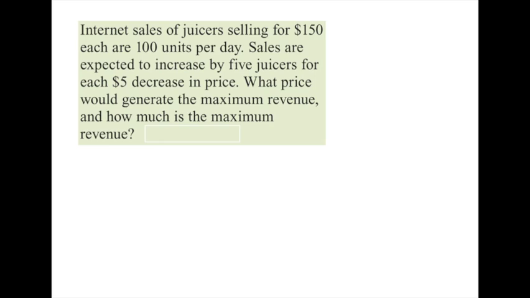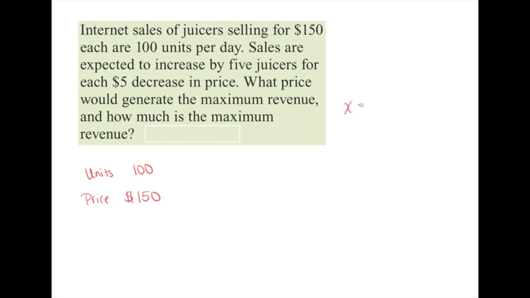So again, we have a selling price currently at 150. And we are selling, so this is my price, and these are my customers or my units. So if I have a certain number of units, I sell 100 currently. The sales are expected to increase by 5 juicers for each $5.